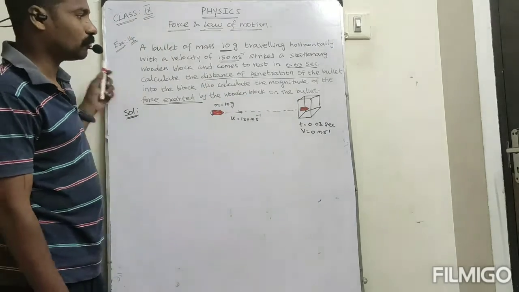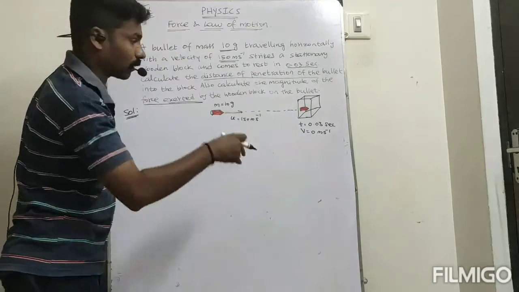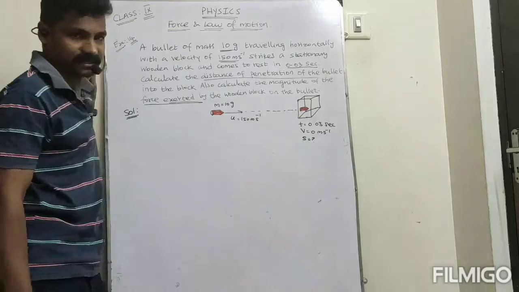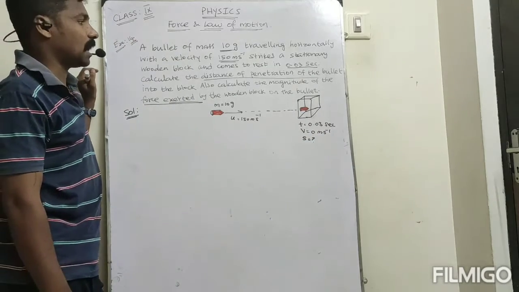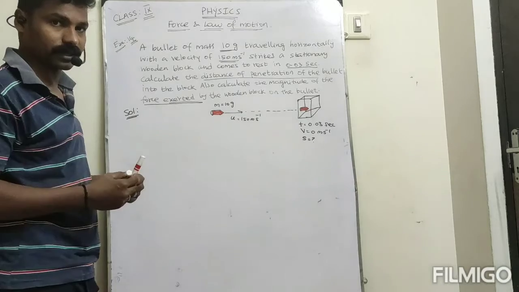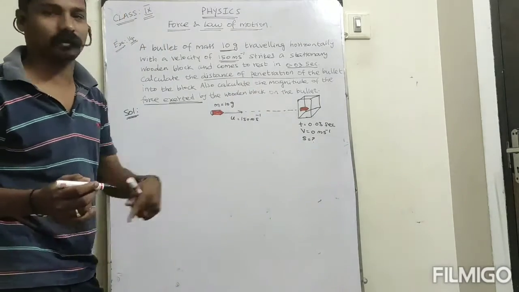So how much distance is traveled inside the block? That distance we want to calculate. And then next one, the force exerted by the bullet. Sorry, again I made a mistake. So the force exerted by the block.